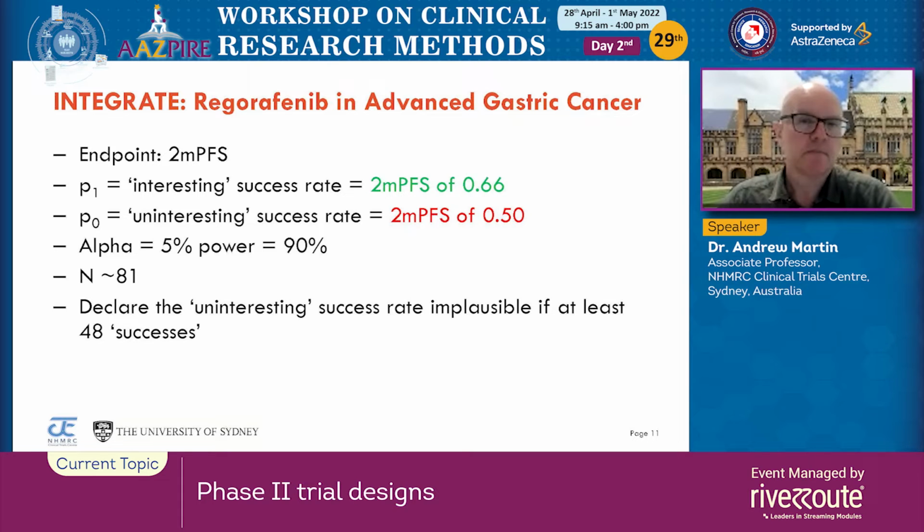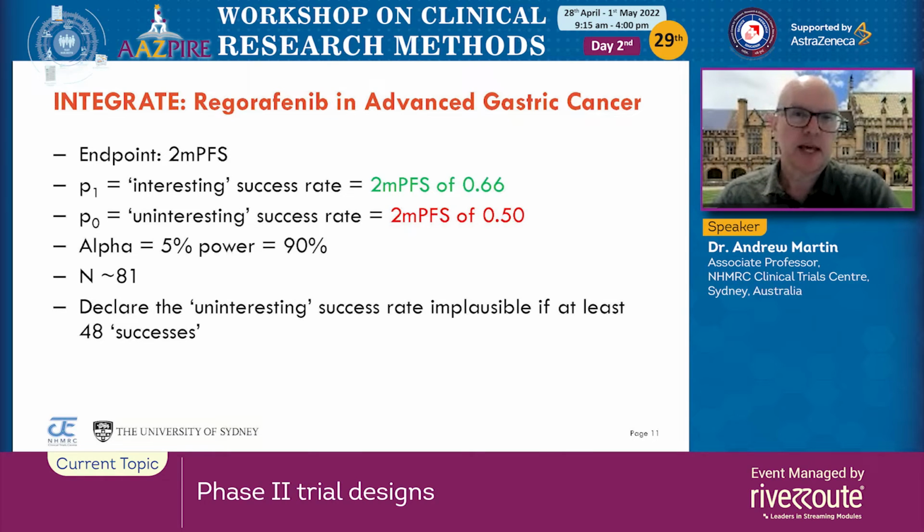A priori, the interesting success rate was defined as a 2-month PFS of 66% or 0.66, and an uninteresting success rate was defined as a 2-month PFS of 0.5 or 50%. And we've got our alpha and 1 minus beta power plugged in there.